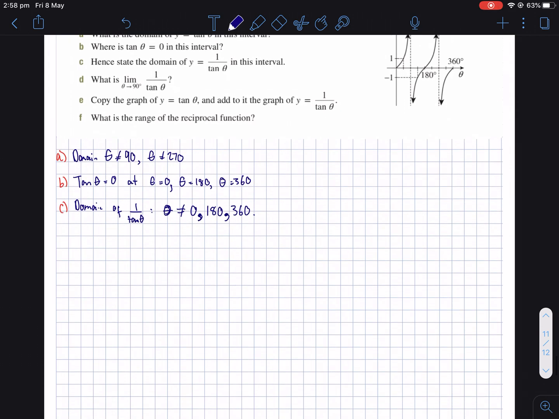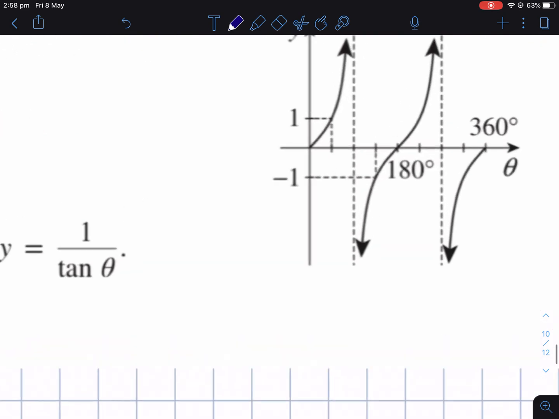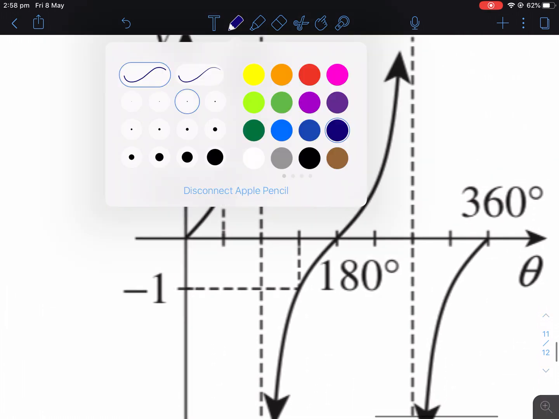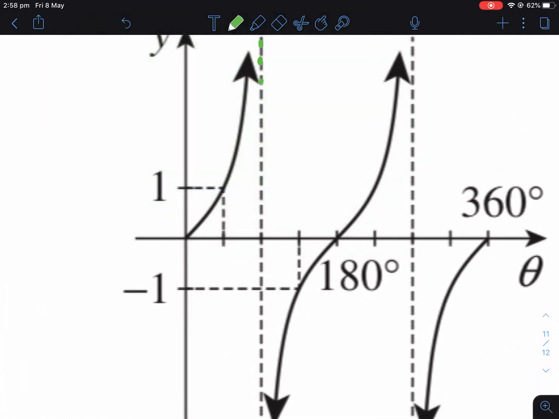What is the limit as theta tends towards 90 of 1 on tan theta? So what that means is, have a look at when theta is 90 for tan theta, that's along this line. And you can see tan theta is getting bigger and bigger and bigger, isn't it?